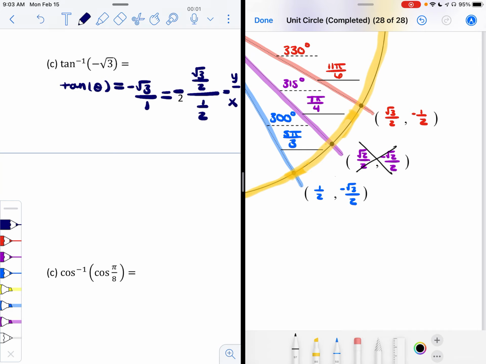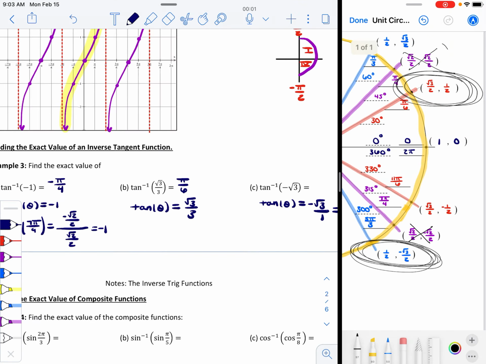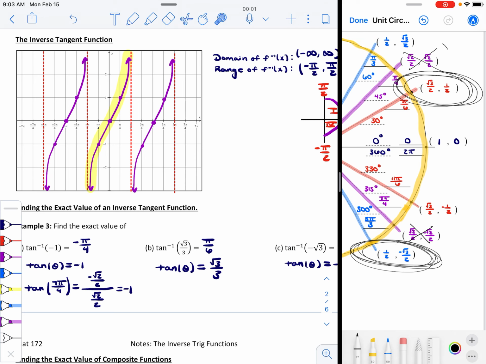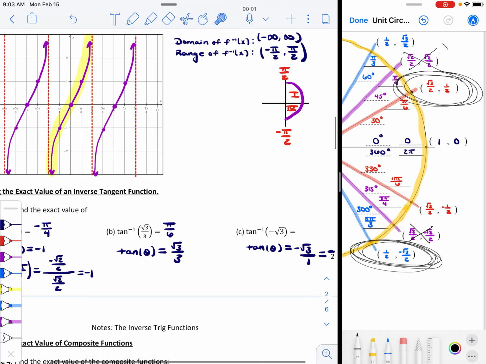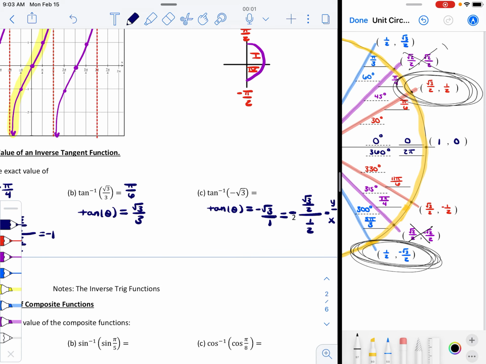So we need a y that's a root 3 over 2. We need an x that's a 1/2. So that has to be our angle here of 5 pi over 3. Now again, 5 pi over 3 doesn't fall between negative pi over 2 and positive pi over 2. So instead of 5 pi over 3, we're going to use negative pi over 3. All right, so that is our final answer there.